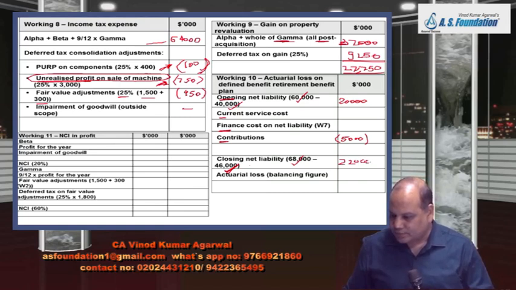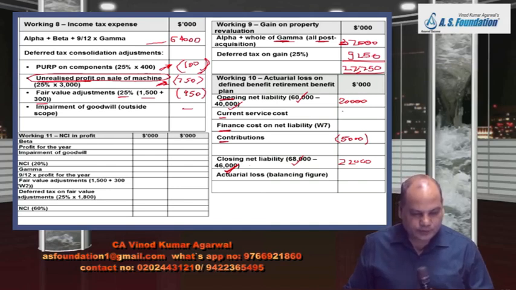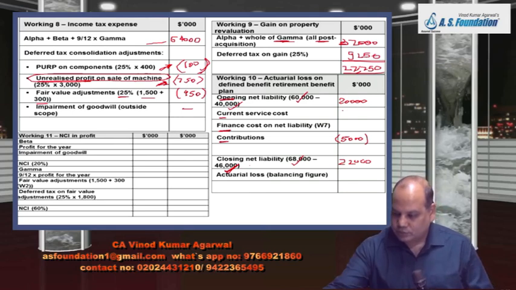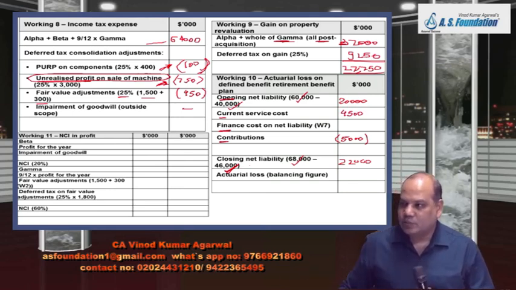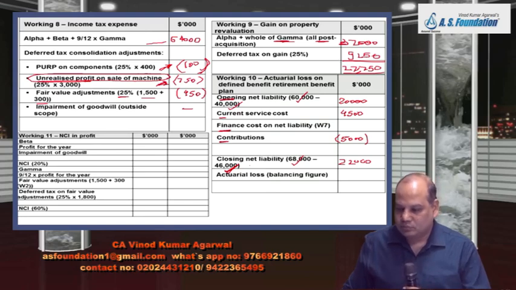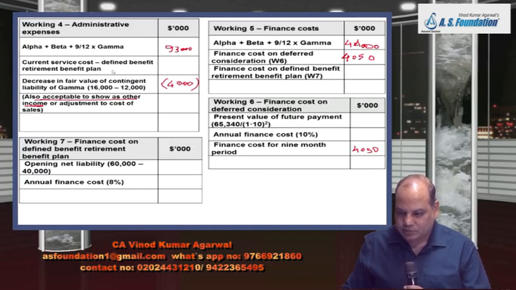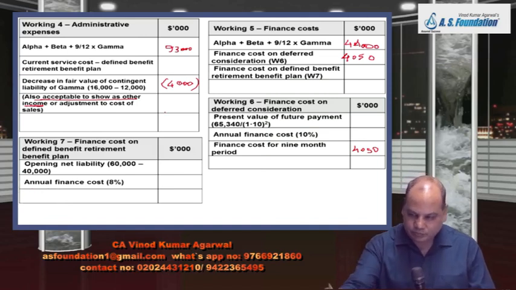Now tell me, current service cost is 4.5 million, 4,500. This will be transferred to the P&L account. Under which head? Admin expense, because it's mentioned in that note that these expenses are shown as admin expense. So right here 4,500.